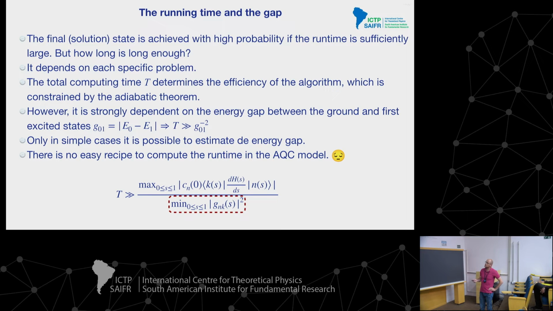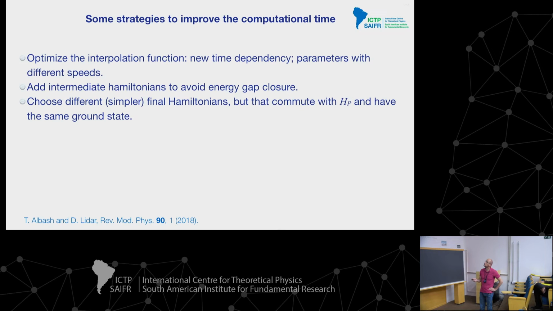Okay, this is the basic idea. But how to improve the computational time? There are different strategies. One of these strategies is to change the interpolation function, the scaling function s(t). This is possible. Change the value of the parameters that compose this function. There are other approaches in which, instead of using just two Hamiltonians, the initial and the final one, you use intermediate Hamiltonians, which is also possible.